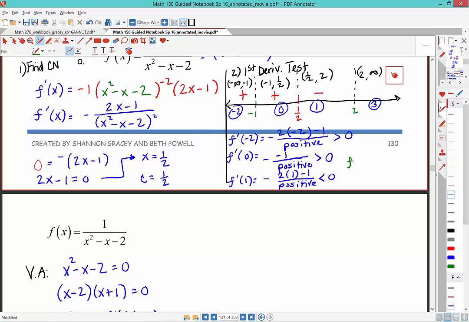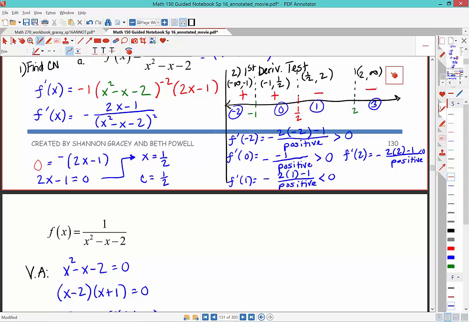Well, f prime at 2 will be 2 times 2 minus 1. Whoops, there's going to be a negative on the outside of all that. So we'll have a negative 2 times 2 minus 1 over a positive, which is going to be less than 0.